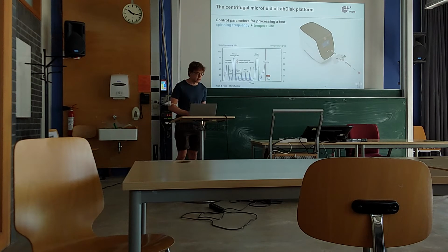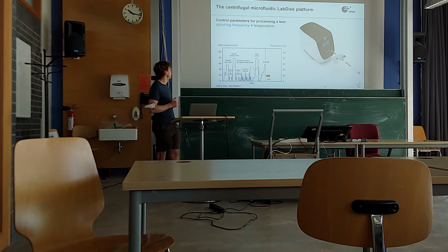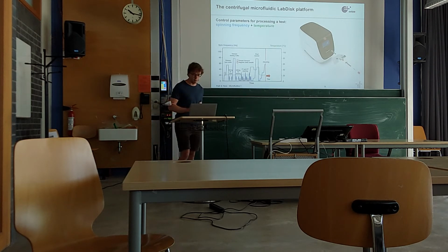Okay, so then let's look a little more into this platform idea of the centrifugal microfluidics concept. On the right-hand side, you can see one of the devices that was sold by one of our spin-off companies. You see that there's a cartridge that you usually put into this device, and then the automation procedure starts.